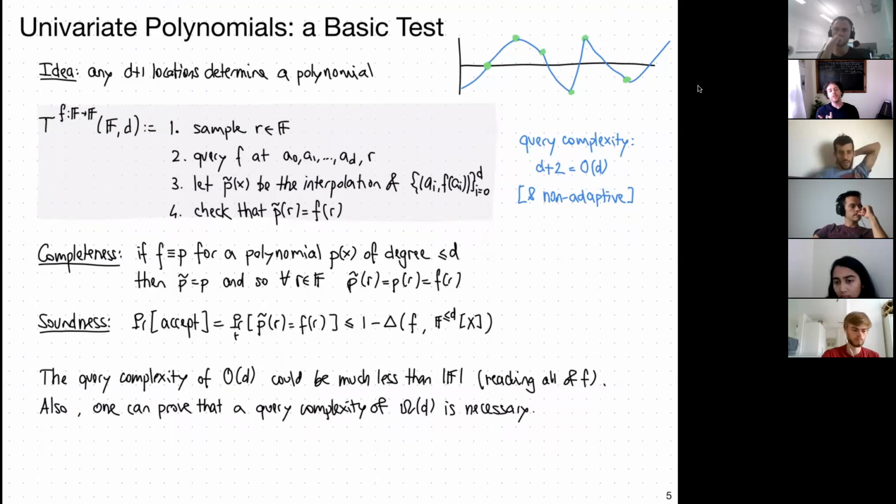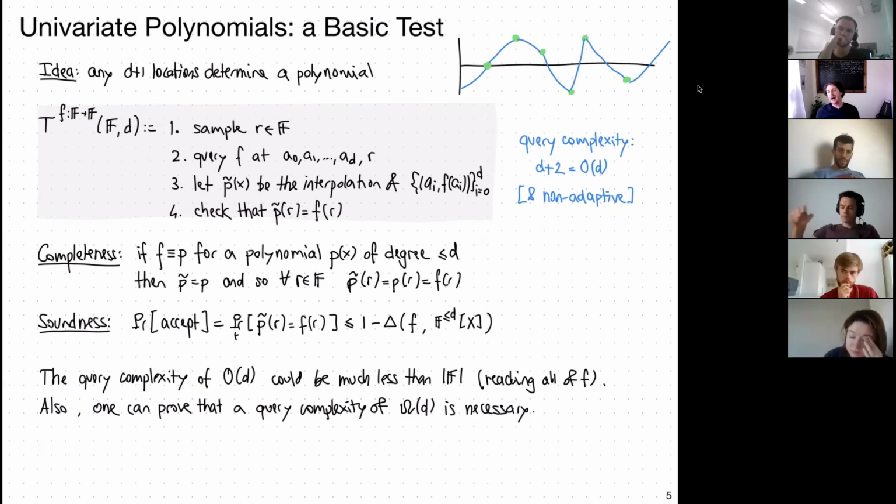Otherwise, the point is that if we are just evaluating a polynomial at fewer than d+1 points, then we can always tweak the rest of it until we are fixing d+1 points. Think about your one-dimensional polynomial here. If you only set part of the values but not all d+1, then you still have degrees of freedom to go pretty much as far as you can. And so, one can take this intuition and formalize it quite easily and show that this test is in fact the absolute best that one can achieve for testing low degree.